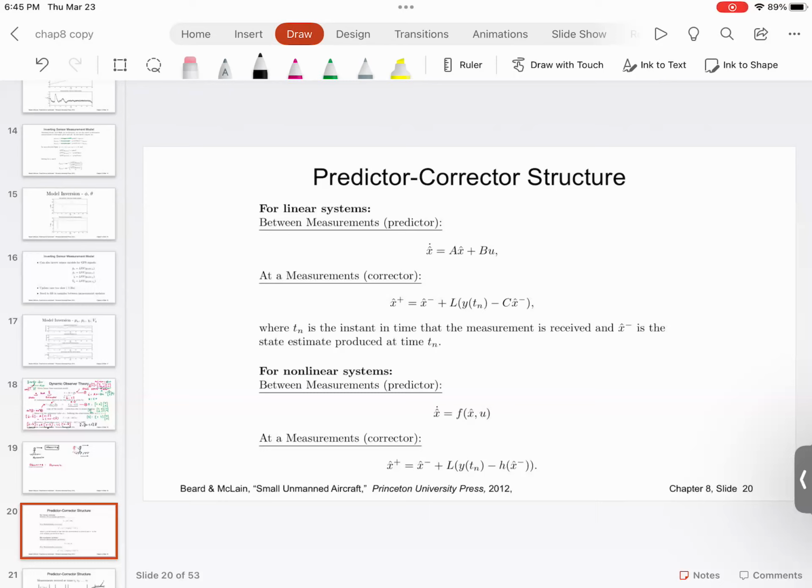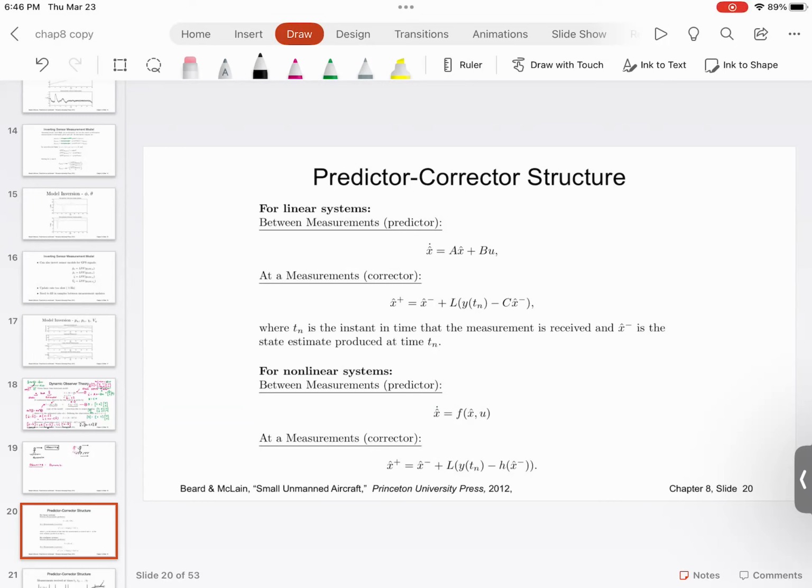First I have this equation. Please understand, this is not an x tilde equation. This is an x hat equation, so it is an equation of the estimated dynamics. We do not have true dynamics. We don't have anything true. So it's an estimated dynamics equation: x hat dot is equal to Ax plus Bu.